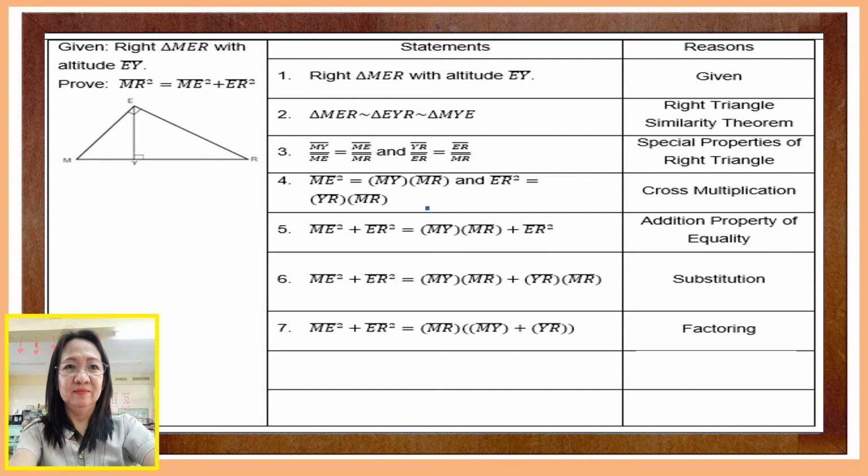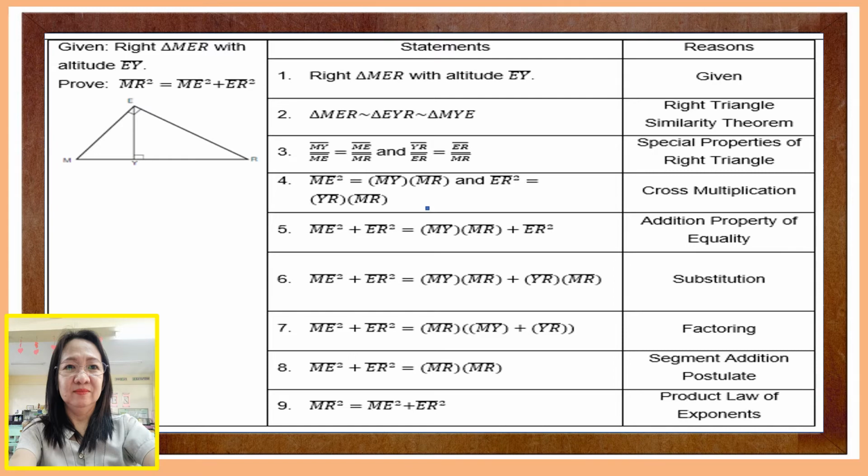So by factoring, we can factor this to MR times the quantity of MY plus YR. And then, observe that MY plus YR is the same as MR. That is the segment addition postulate. And now, multiplying MR times MR is the same as the square of MR. This is the product law of exponents.